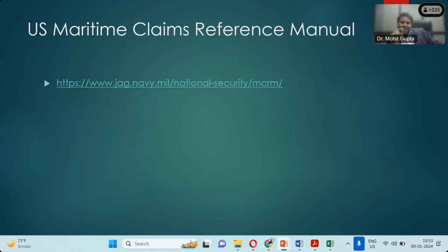There are certain websites where a lot of resources are available, and one such website is the U.S. Navy website. Very good research. They have spent a lot of money on that kind of research. If you go to the U.S. Navy JAG website, I think I have opened it.